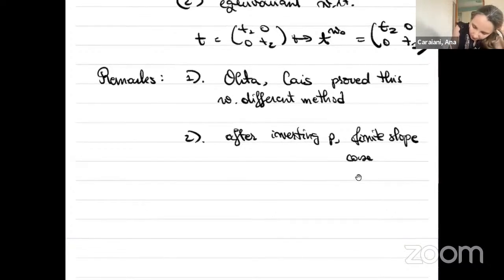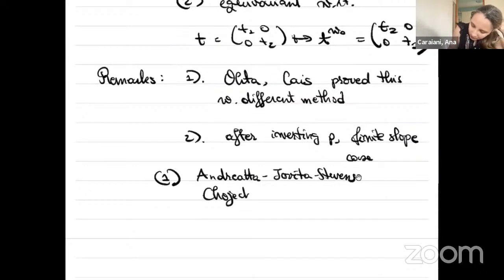So the first map, the one that I called the first map, which goes from ordinary completed cohomology to Hida theory, after inverting p, this would correspond to a result of Andreatta, Iovita, Stevens, and also independently Pilloni, Hansen, Johansson.